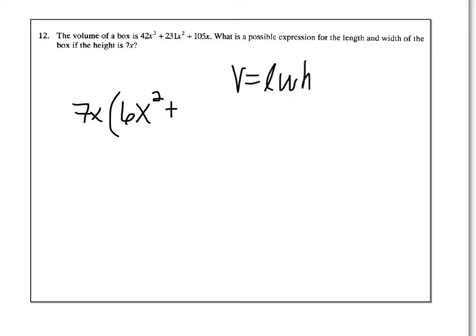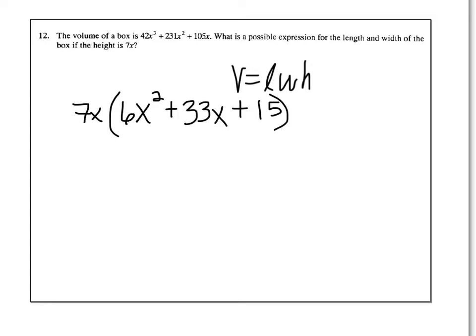231 divided by 7 would be not 2, 3, 33x, take away an x from x squared, plus 105 divided by 7 would be 15.